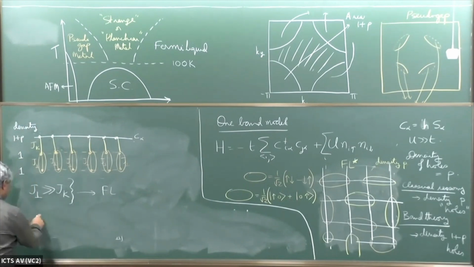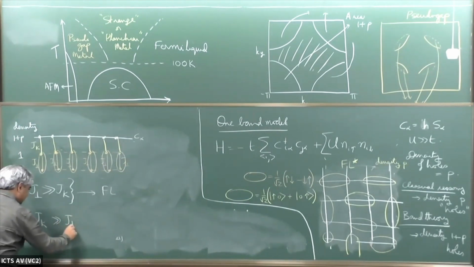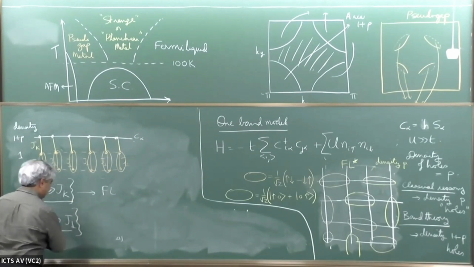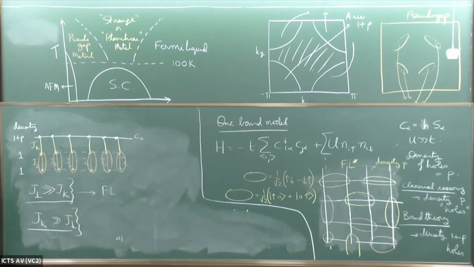All right, so now let's look at the other limit. If JK is much bigger than J perp, then forget about J perp. And what do we have in the first two layers? Well, it's what we spent the last few weeks on. It's the Kondo lattice.